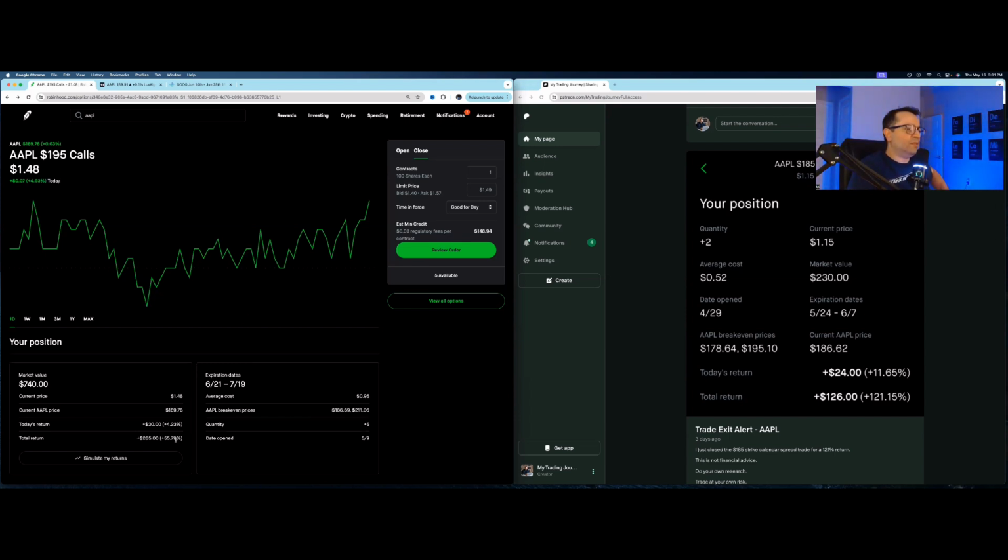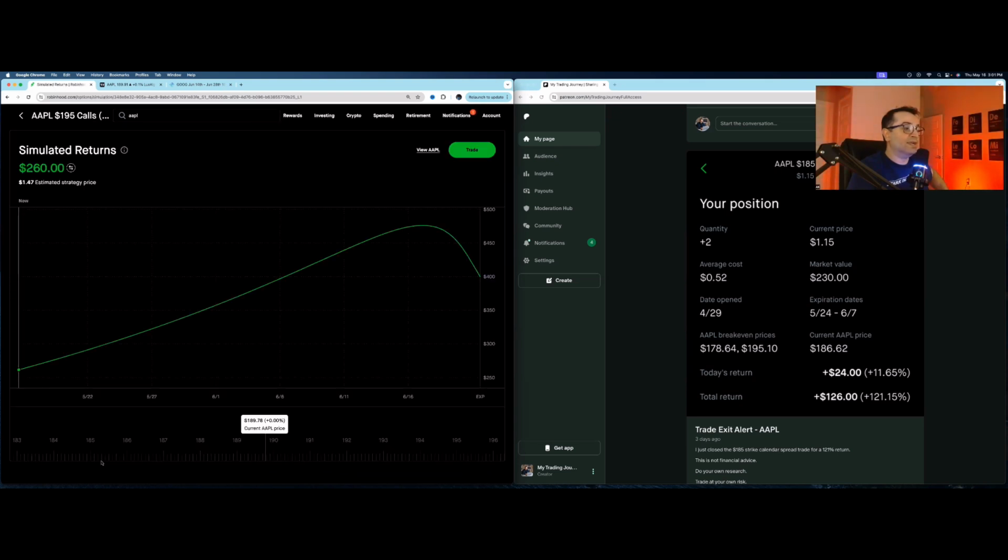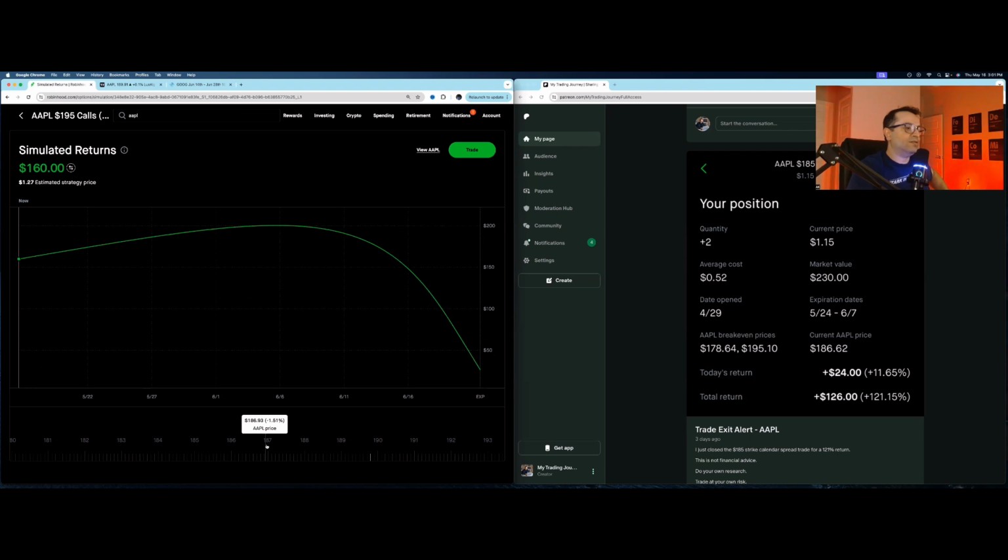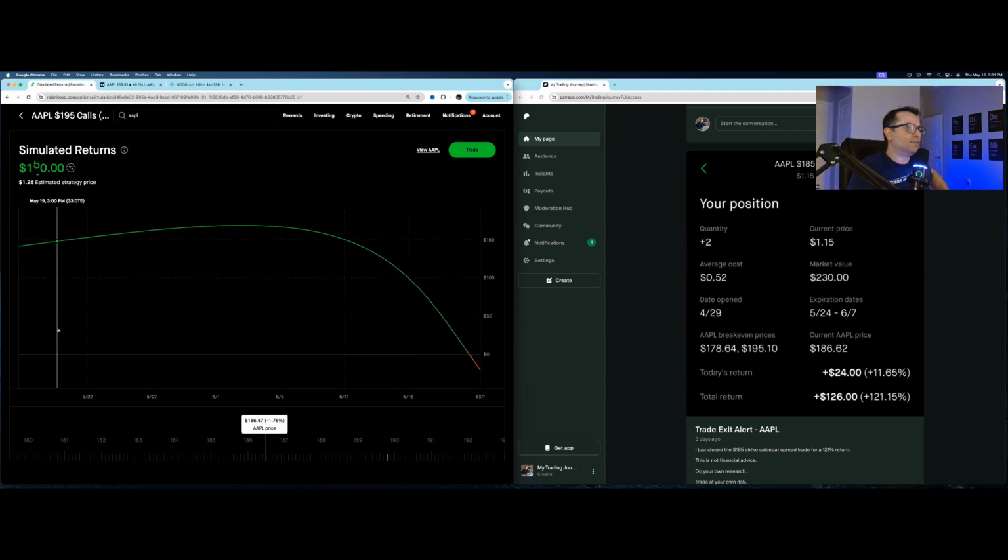That's why, with it being up 55%, I'm still in it, because there's still a lot more room to run. And again, when you go into the simulator, if Apple starts going down, it's at 189.80 as of the time of this recording, right? Even if it goes down to 186, as time approaches, I'm still in profit for a while until it gets closer to expiration.